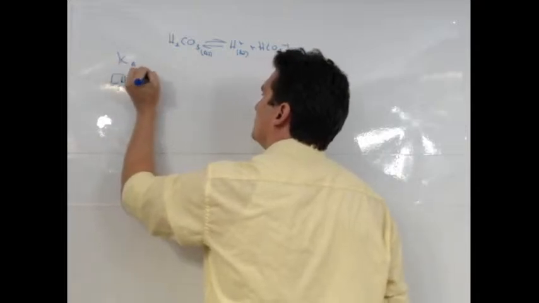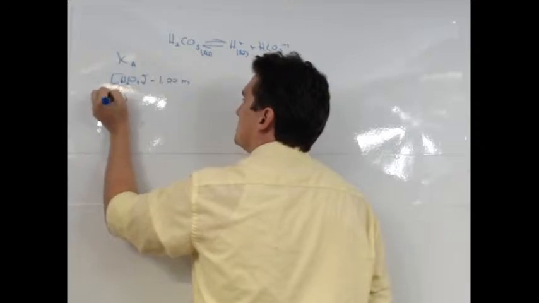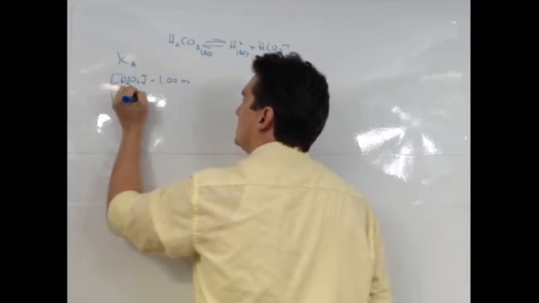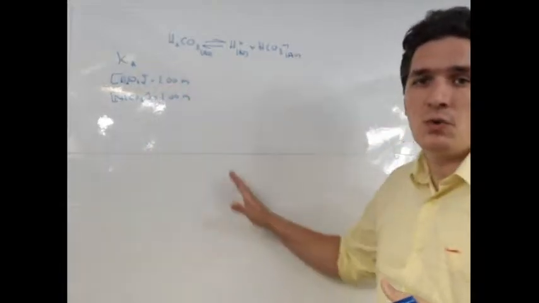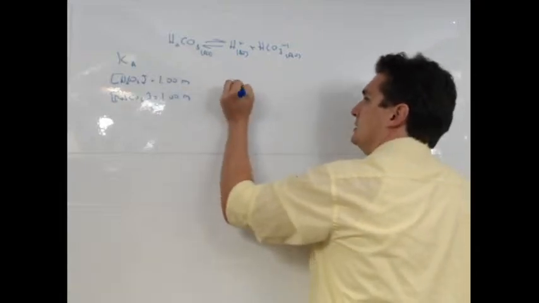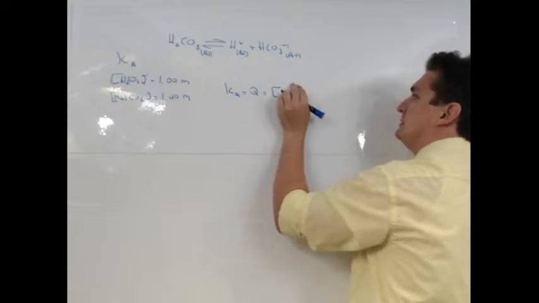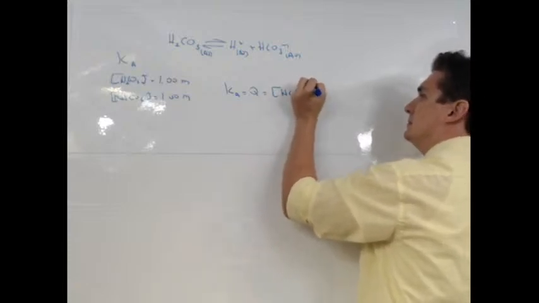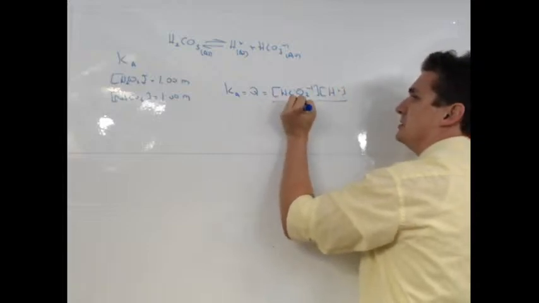Let's say that's 1 molar. And let's say we've got some starting concentration of sodium bicarbonate as 1 molar, and we want to know what the concentration of H plus is. In this case, we would have our Ka equals Q, which equals the concentration of HCO3 minus 1 times the concentration of H plus, all over H2CO3.